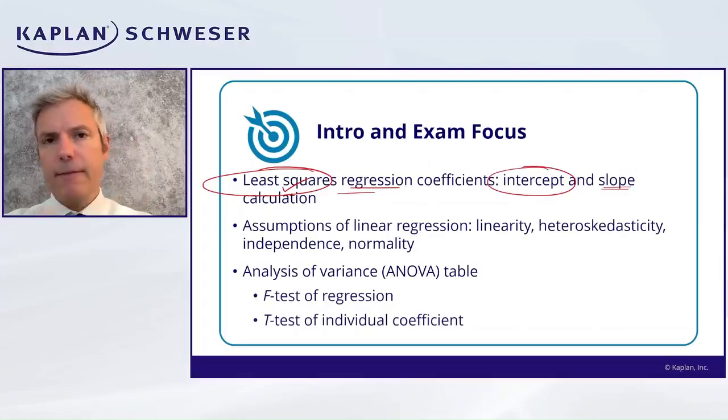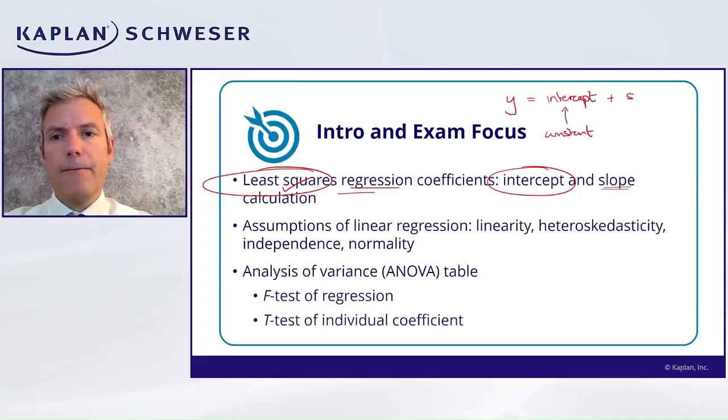Now, just as a brief warm-up, very basic geometry: the equation for a line. When we're modeling y as a linear function of x, y is a constant intercept, just a constant, plus a slope coefficient multiplied by x.